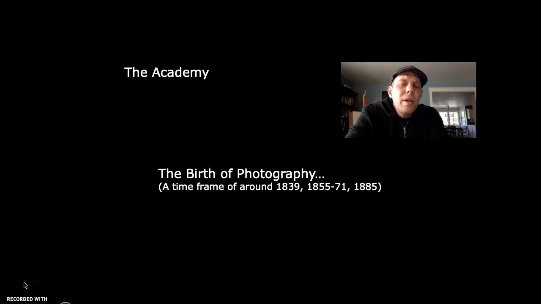So the Academy was one of the things that really started the modern art movement. There was a rebellion against traditional painting. The Academy had a stranglehold on how paintings were made. Anyone with any talent, any promise of being a good painter, and with enough money, would go to the academy to learn how to paint.